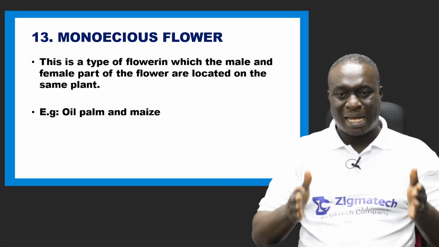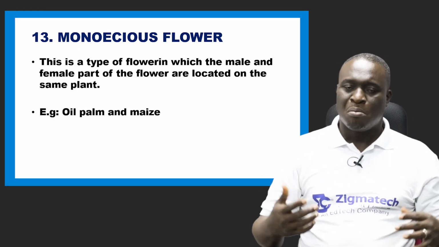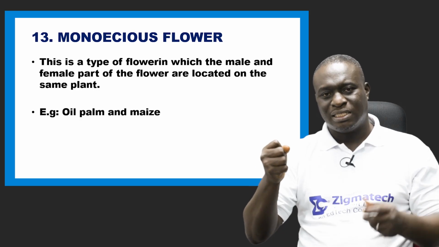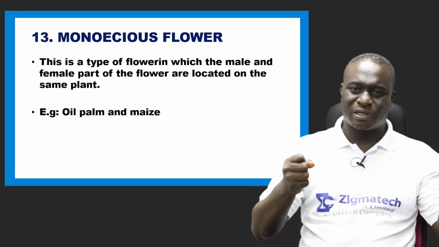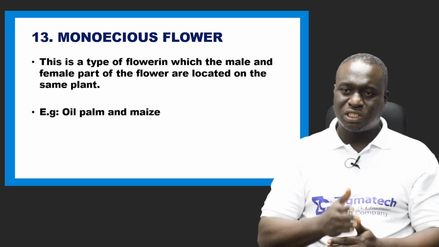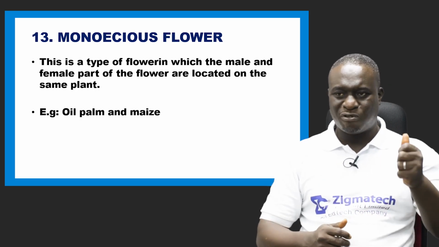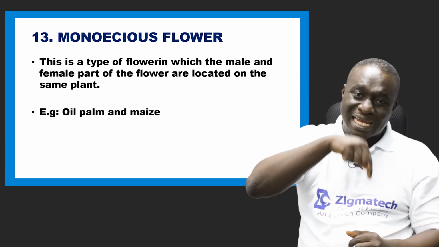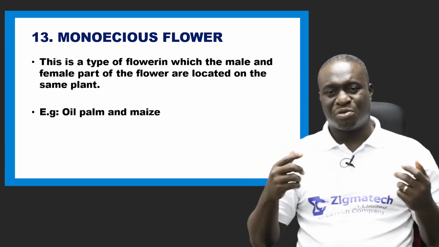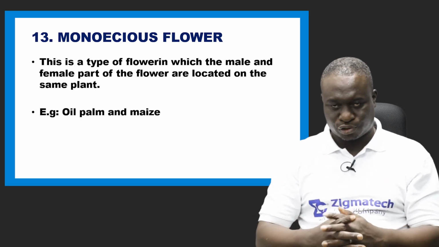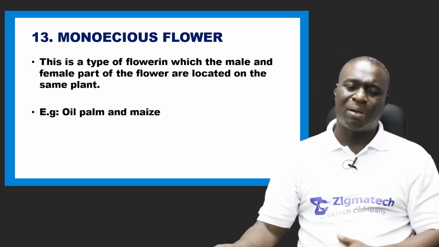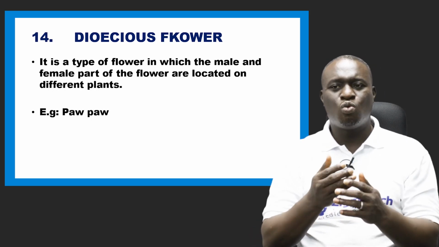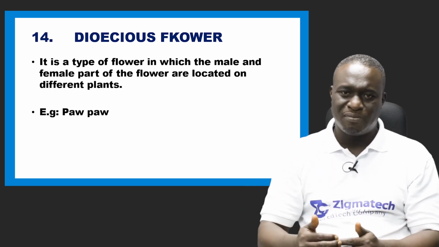So a particular plant has different flowers, but there are some plants that have male flowers different from female flowers, okay, in the same plant. Once a particular plant has a male flower and has a female flower, but they are all located in one particular plant, it is referred to as monoecious. An example is oil palm and what? Maize.